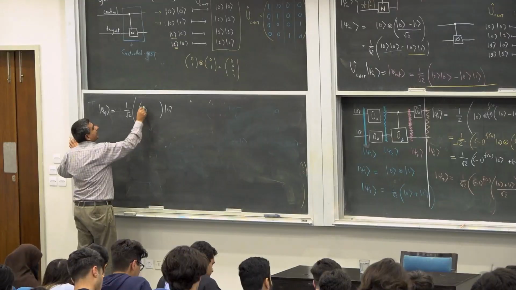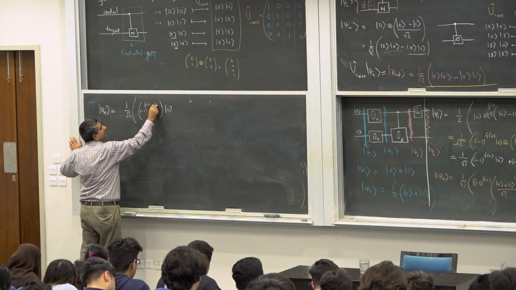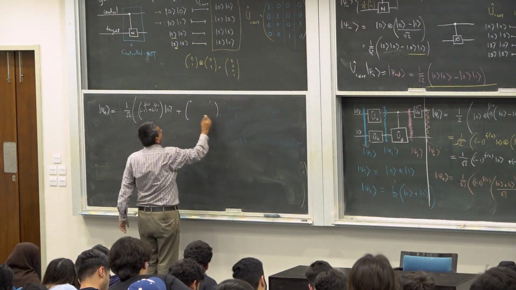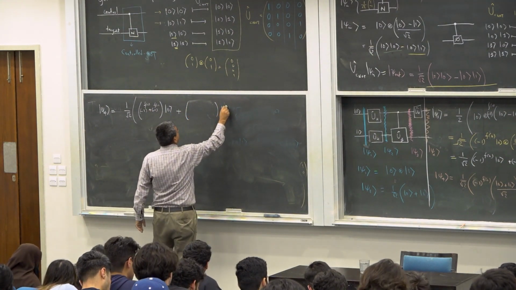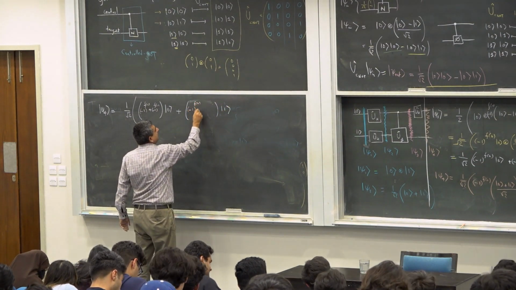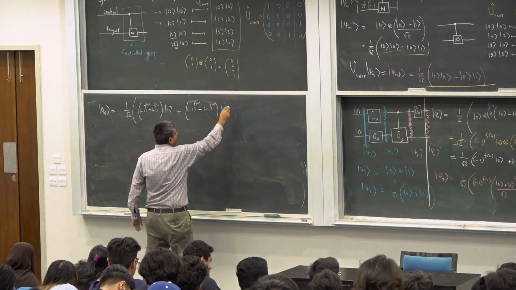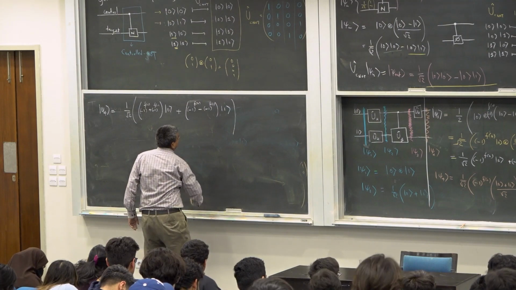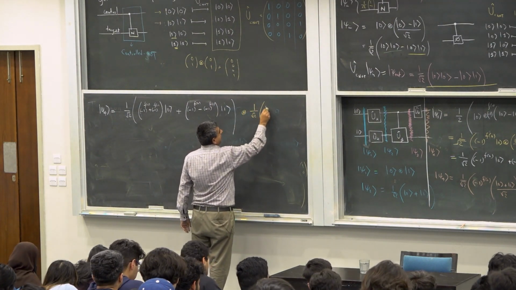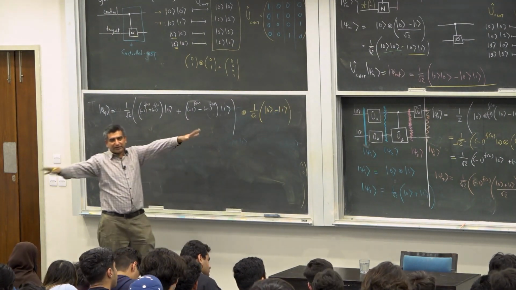Minus 1 f of 0 plus minus 1 f of 1, plus, with ket 1 we have minus 1 f of 0 minus 1 f of 1. So this is our first qubit and our second qubit remains unchanged. I don't care about the second qubit now.